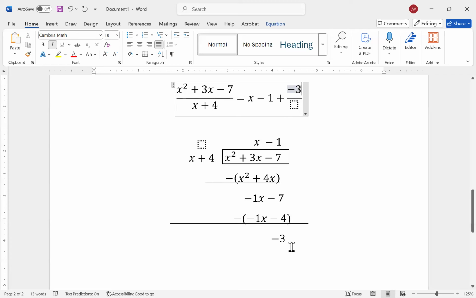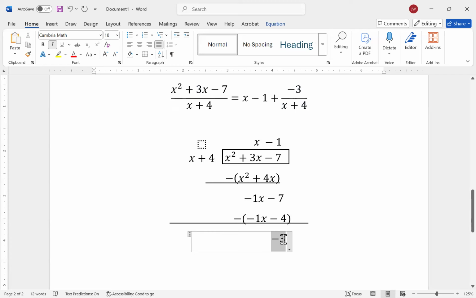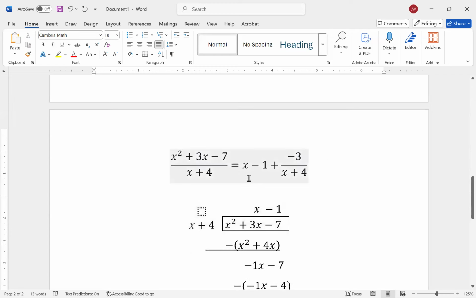I said minus because I knew we had a negative 3 over x plus 4. That's what the remainder means, right? If you have a remainder of negative 3, that's of lower degree than the x plus 4 you were dividing by. And so x minus 1 plus negative 3 over x plus 4 is the same thing as x squared plus 3x minus 7 divided by x plus 4.